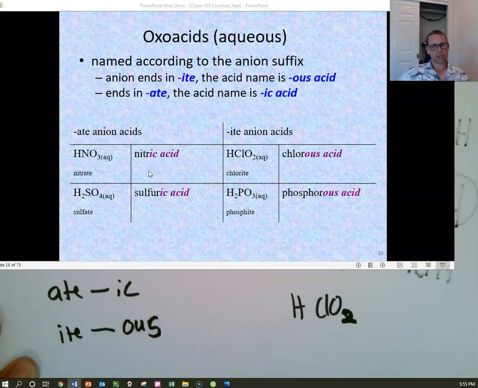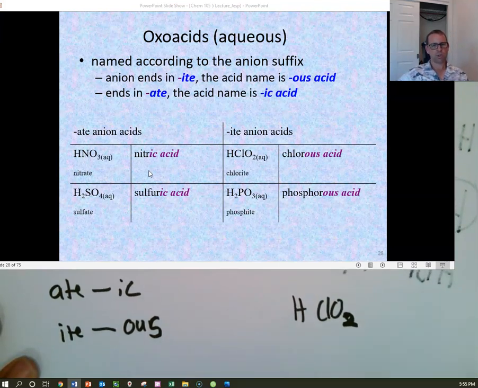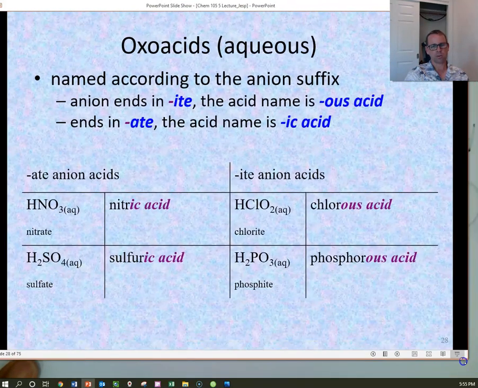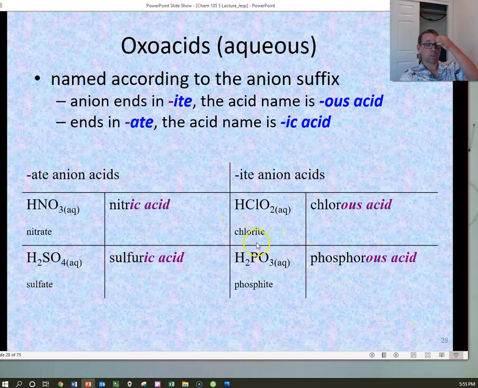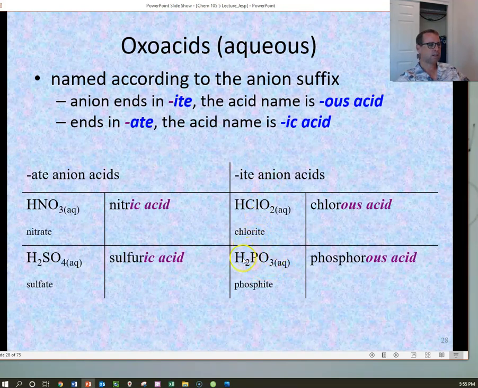All right. H3PO3, okay, the PO3 ion is phosphite, and then the acid's name is, phosphite I guess isn't on our table.